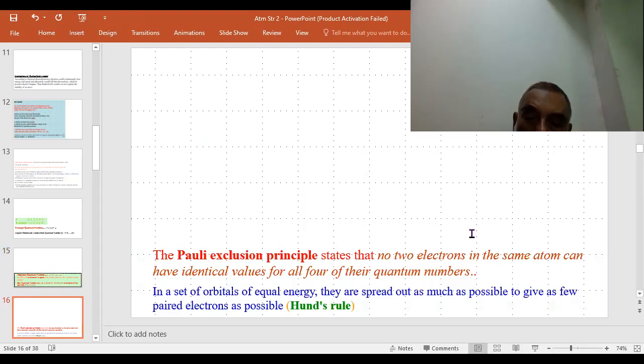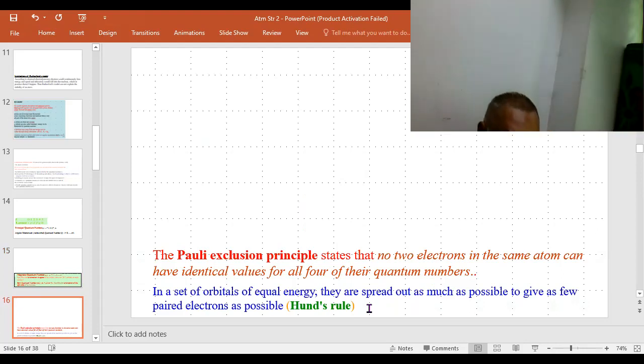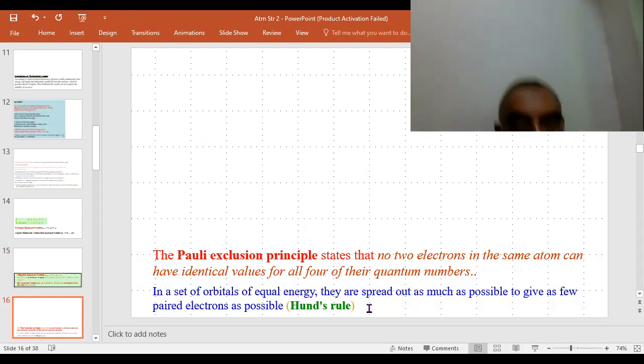We have discussed the Pauli exclusion principle, and also Hund's rule. Hund's rule says that in orbitals of the same energy state, a maximum number of unpaired electrons may exist. For example, in the P level, there are 3 equal energy orbitals, so a maximum of 3 unpaired electrons may exist there.